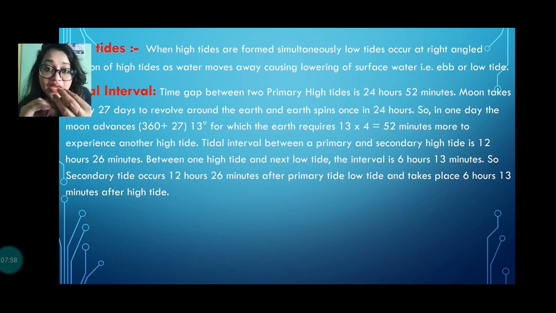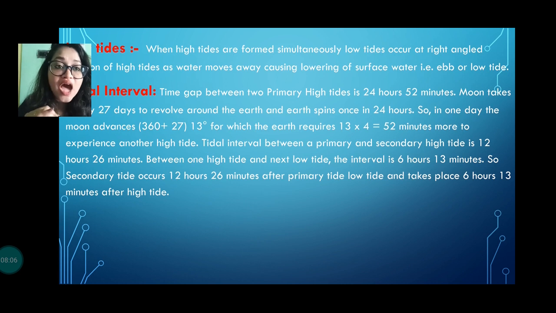In one day the moon advances 360 divided by 27, about 13 degrees, for which the earth requires 13 into 4 minutes.